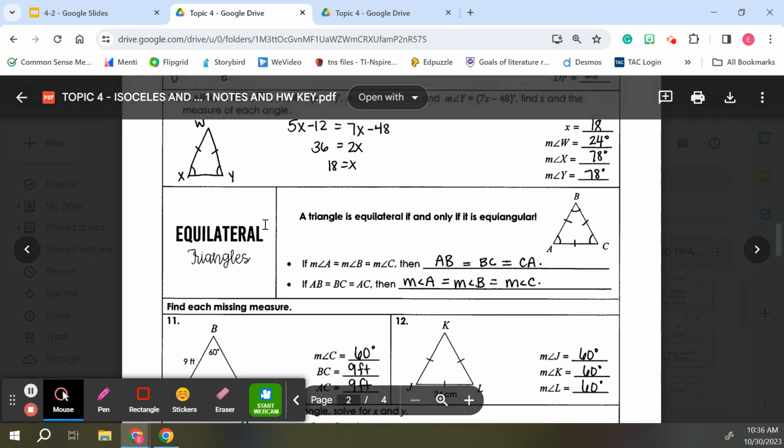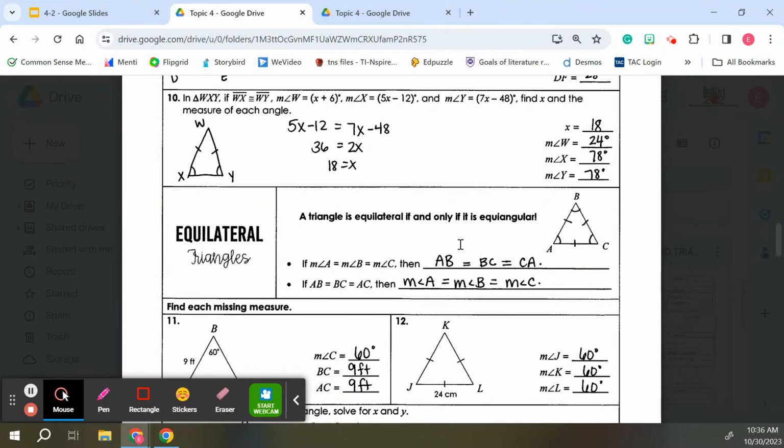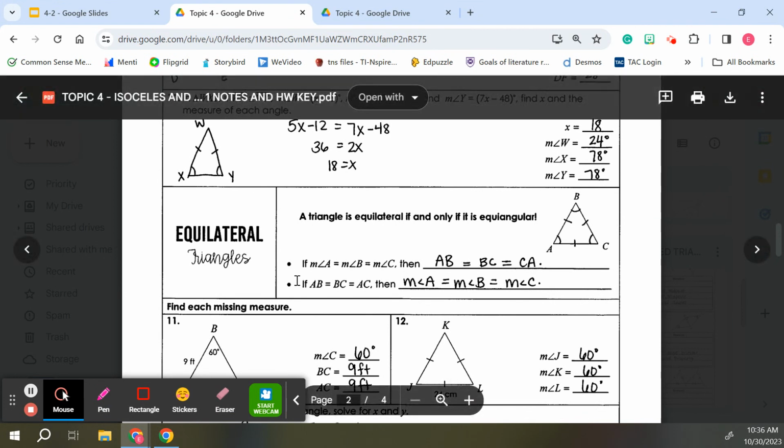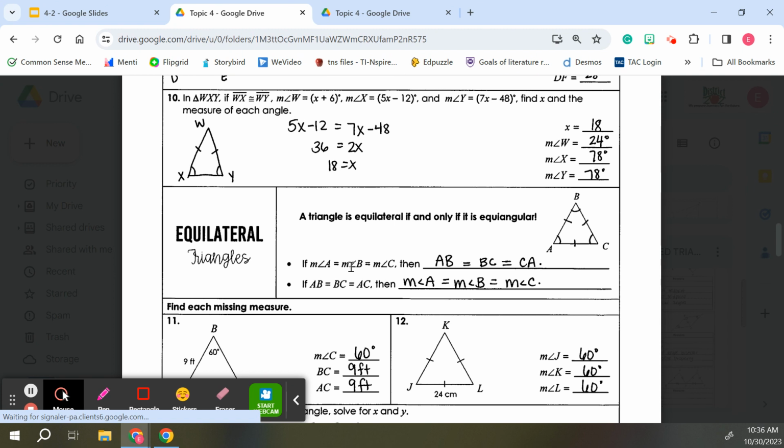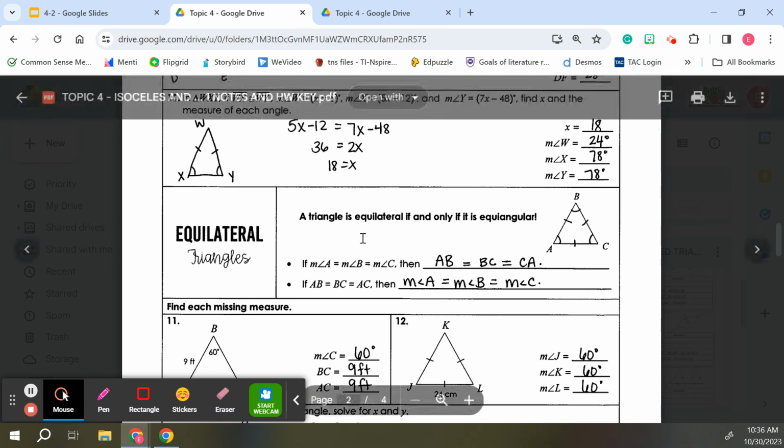equilateral triangles now. So it says a triangle is equilateral if and only if it is equiangular. Equilateral means side lengths. Equiangular means angles. So all of them are equal. If the measure of angle A equals the measure of angle B equals the measure of angle C, then AB equals BC equals CA, or they're congruent, okay?